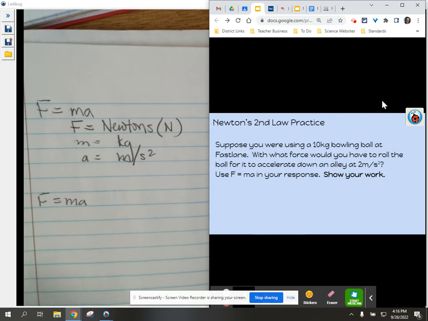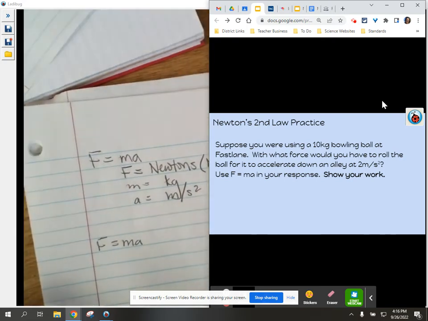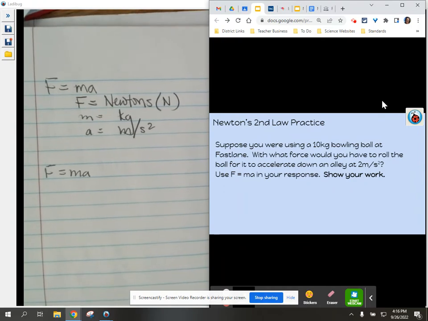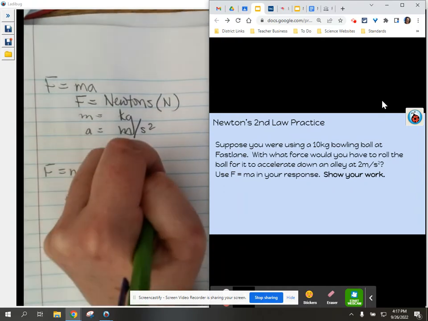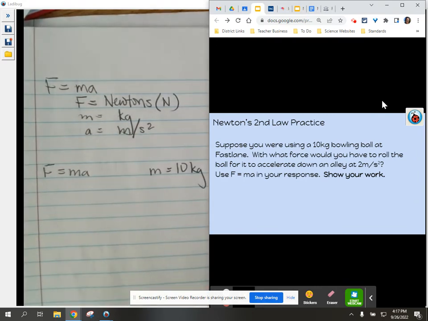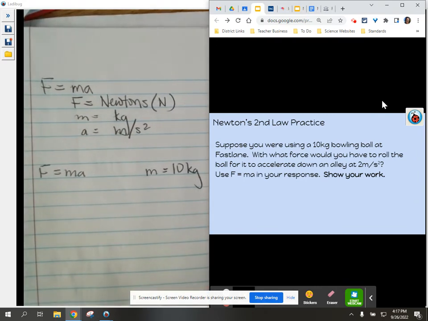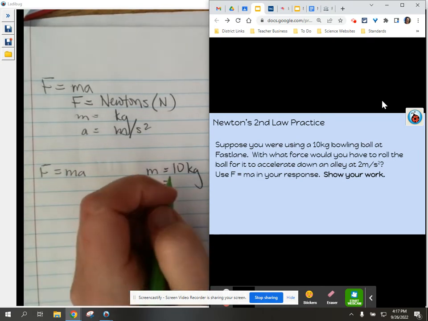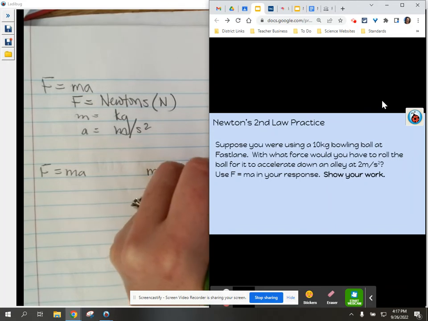We're also going to write down what is given in the equation. What do we know about what's given? So we know that the bowling ball has a mass of 10 kilograms. And we know that we want it to accelerate down the alley at 2 meters per second squared.